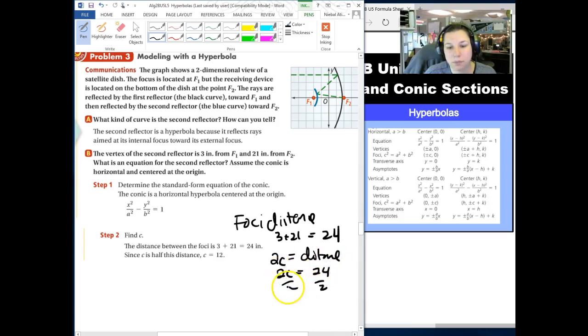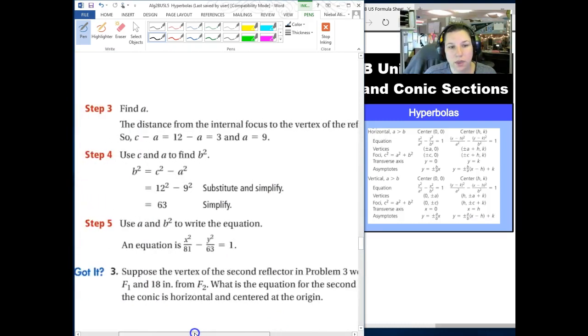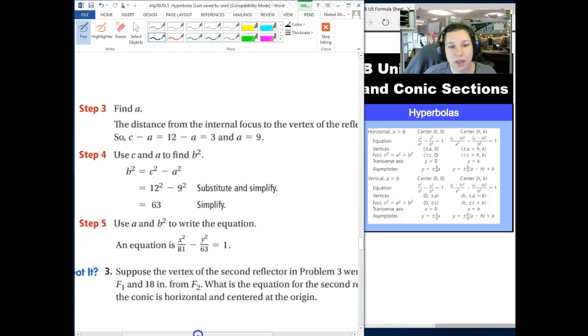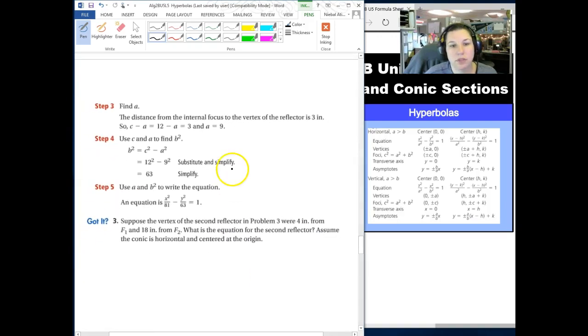You divide both sides by 2 and you get c equal to 12. And then they want us to find a. So they've told us that the distance is 3 inches. So c minus a is 12 minus a, which is 3. So that leaves that a must be 9.